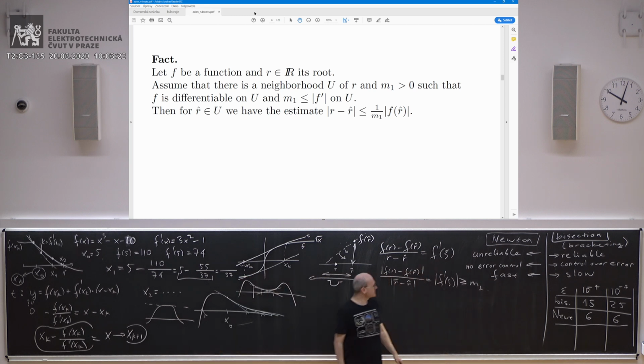Now you can see it's useful to have a bound from below. We are pushing this whole thing up. Now, I can move r minus r hat to the right, I can move m1 to the left, and I get the following. I get that r minus r hat is bounded from above, which is the useful bound, and that's actually the error of approximation, by 1 over m1 times this difference, but actually r is a root, so this number is 0, so there is just the value.